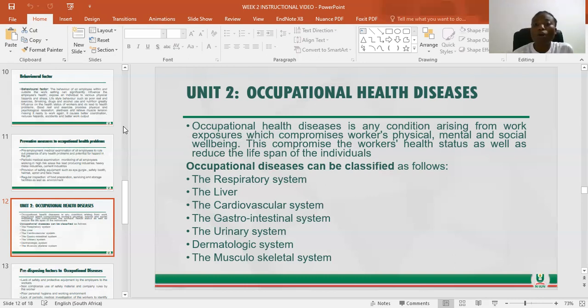Our work sometimes can give us stress, where you have to manage, maybe you are just two in a ward and you have maybe a 30 bedded ward. That alone can put mental stress on you. So occupational health disease is not limited to physical.